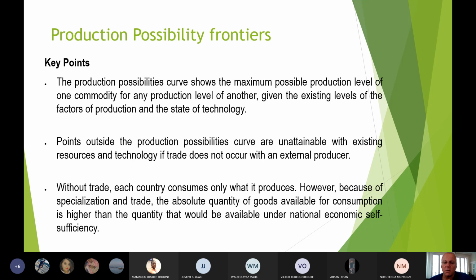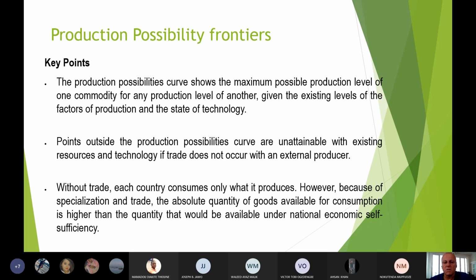And points outside the production possibility curve are unattainable, as I said to you, because it is overproduction, and needs some more capacity or technology or some other factors of production for reaching this level, maybe capital, maybe workers, maybe technology.